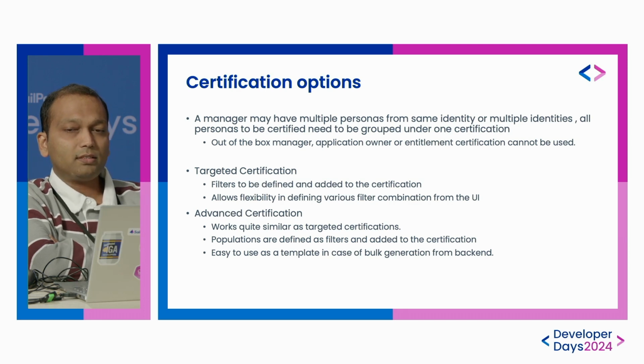The difference is that in targeted certifications, the filters are set up from the UI, which gives flexibility in setting up the certification. Advanced certification works similarly. Populations are defined as filters and added to the certifications, and it's easy to use a template when there is bulk generation involved.